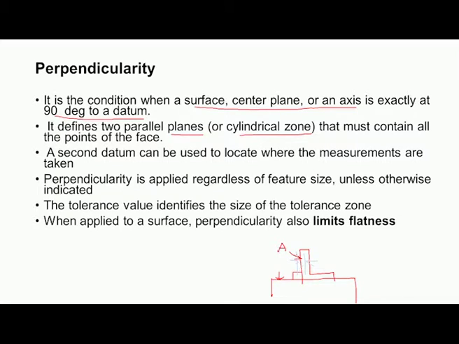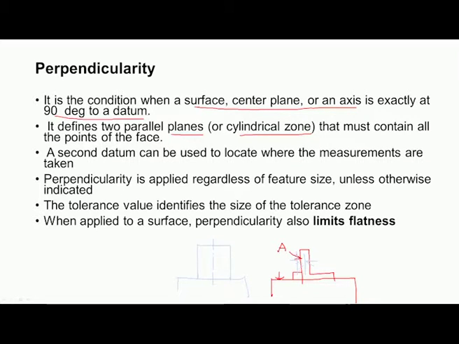And if perpendicularity is applied to an axis, then we have to consider a cylindrical zone. So, this is the datum surface, and then this is the workpiece, and we have this axis.